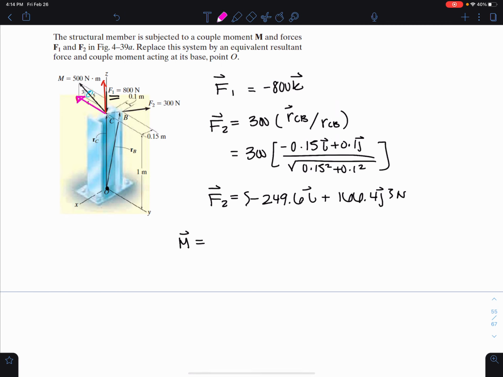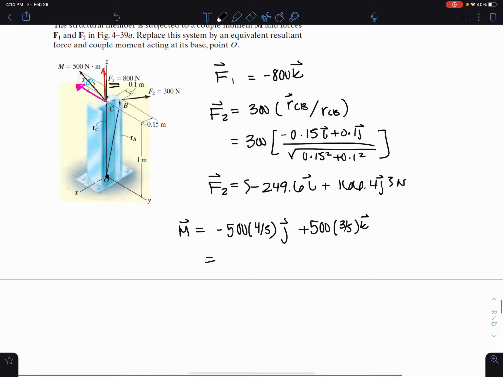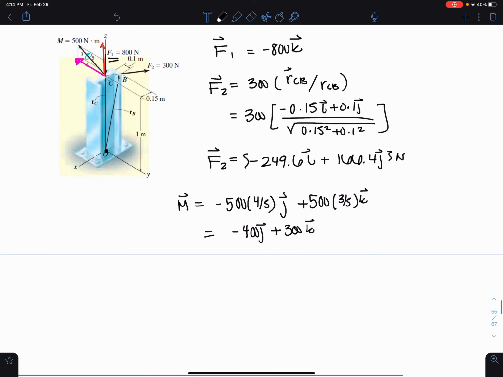This direction here is going to produce a negative rotation if I'm assuming counterclockwise is positive. So I'm going to say that component is negative 500 times the 4/5 component of that 3, 4, 5 triangle. That's in the j direction. But then I'm going to add the 500 because it's going up in the k direction. Okay, and I can simplify this by saying it's negative 400 in the j plus 300 in the k, and that's all in newton meters.